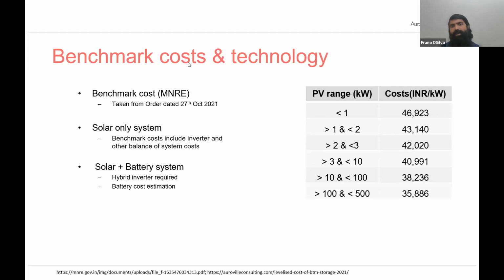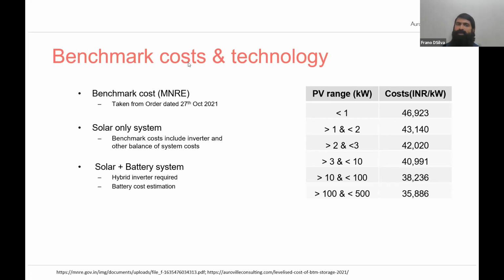If the PV capacity range is below 1 kilowatt, the benchmark cost suggests that the per kilowatt cost would be 46,923, which includes your inverter cost as well as other balance of system cost. And this cost varies as per the PV range. You can see with the increase of PV capacity, the per kilowatt cost seems to reduce.